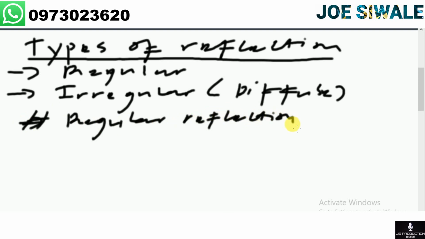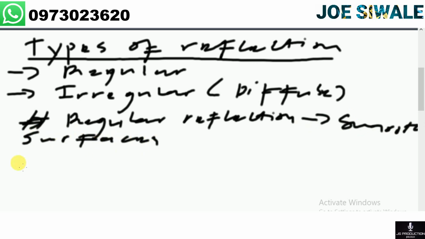So regular refraction is a type of refraction that comes from smooth surfaces. Then what about irregular or diffuse refraction?